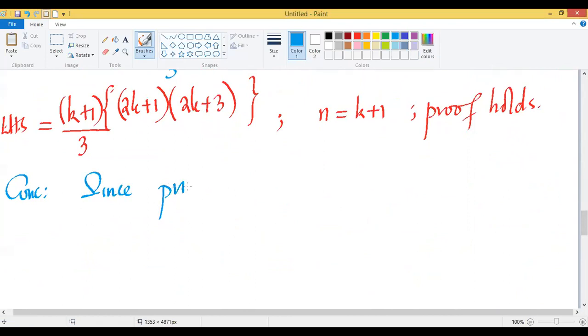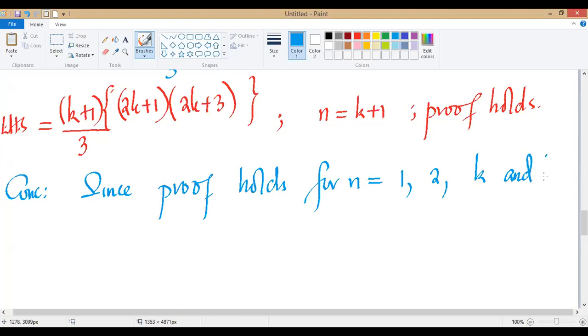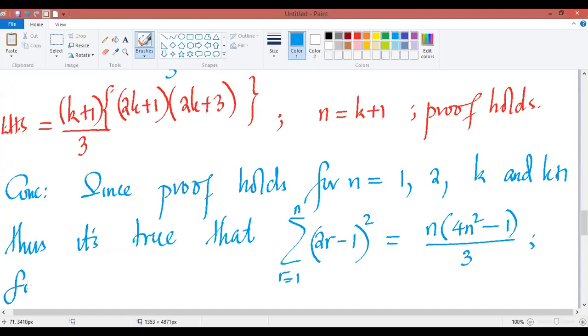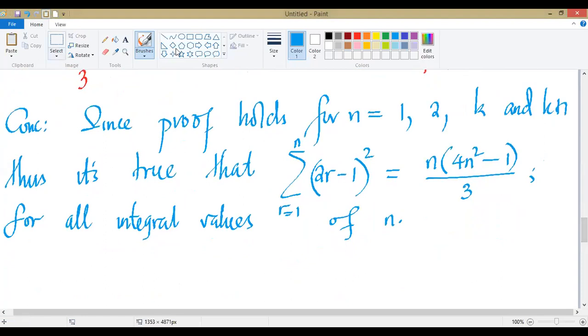Since the proof holds for n equal to 1, n equal to k and n equal to k plus 1, thus it's true that the summation from r equal to 1 to n of (2r minus 1) squared is equal to n into (4n squared minus 1) over 3, for all integral values of n.